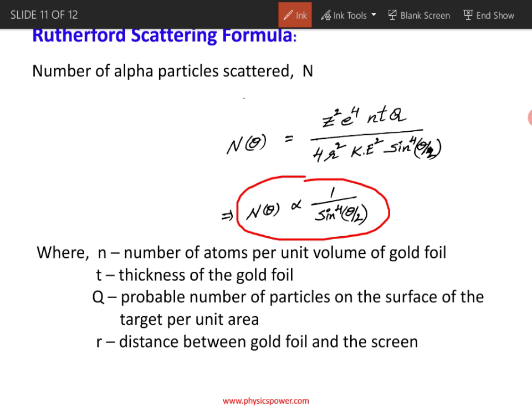So that is his analysis, and according to the Rutherford scattering formula we can take this formula also. So this is about the Rutherford scattering experiment, and with that he gave the details about the Rutherford atomic model. Thank you.